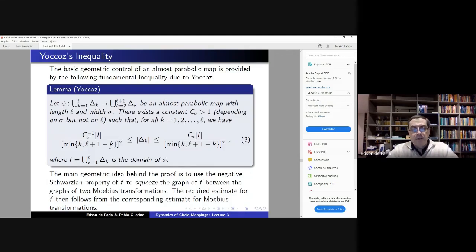We worked out the proof because Yoccoz gave us a sketch of the argument. The idea is that you take this map and use the fact that it has negative Schwarzian derivative to squeeze the graph of this map between two Möbius transformations. Then the estimates that you see here follow from corresponding estimates for the Möbius transformations.